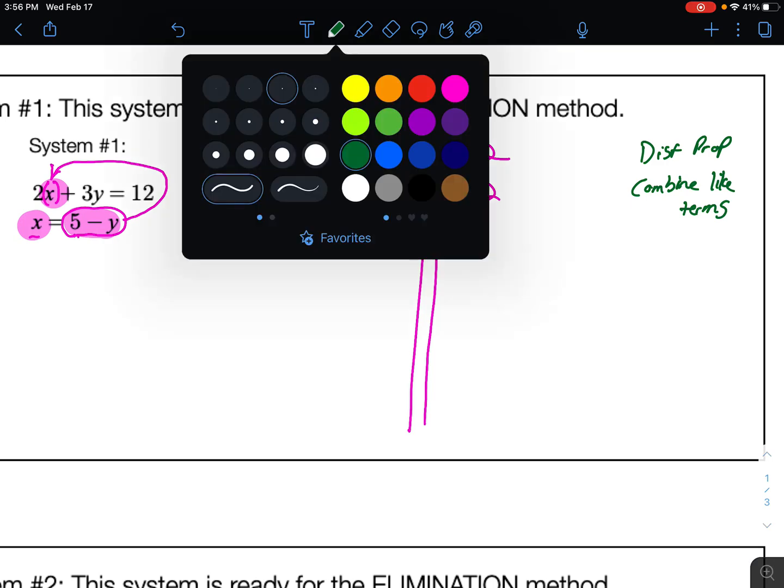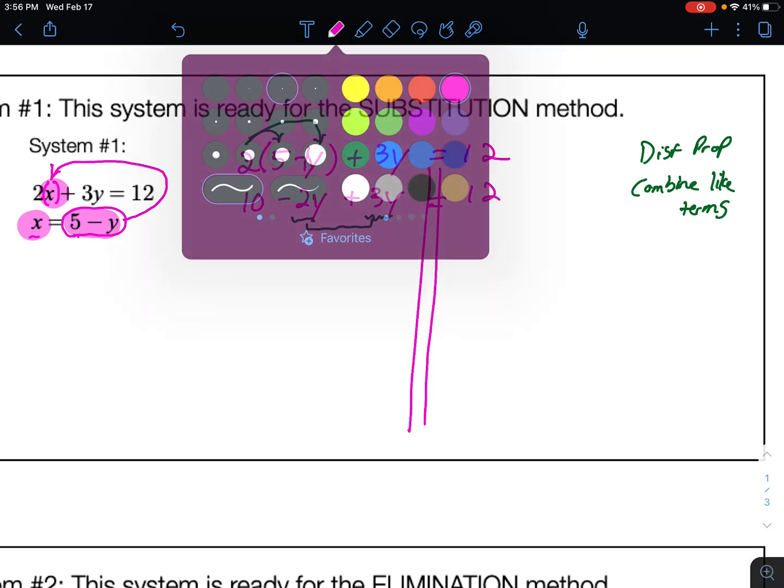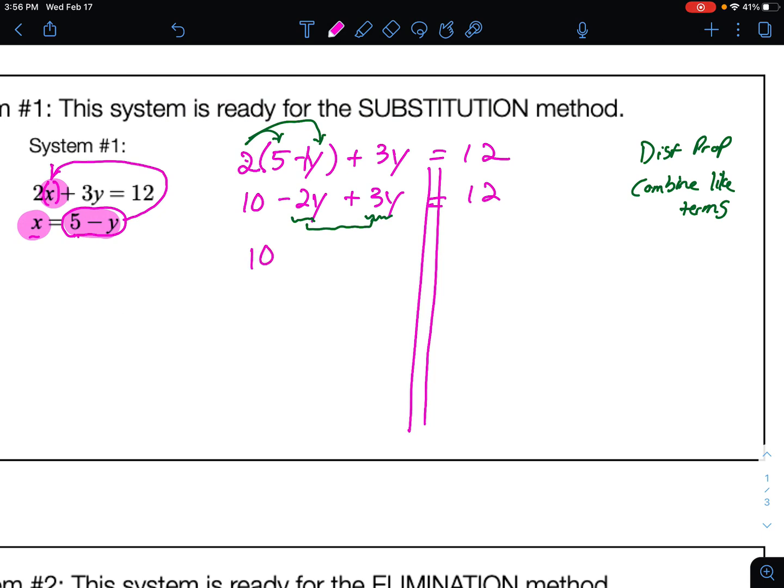And so that is going to give us our 10 still. And then negative 2y plus 3y would be a positive 1y, or just plus y, is equal to 12. All right, and then we go through just our 2-step solving steps, although in this case it's really just one more step that we have to do.